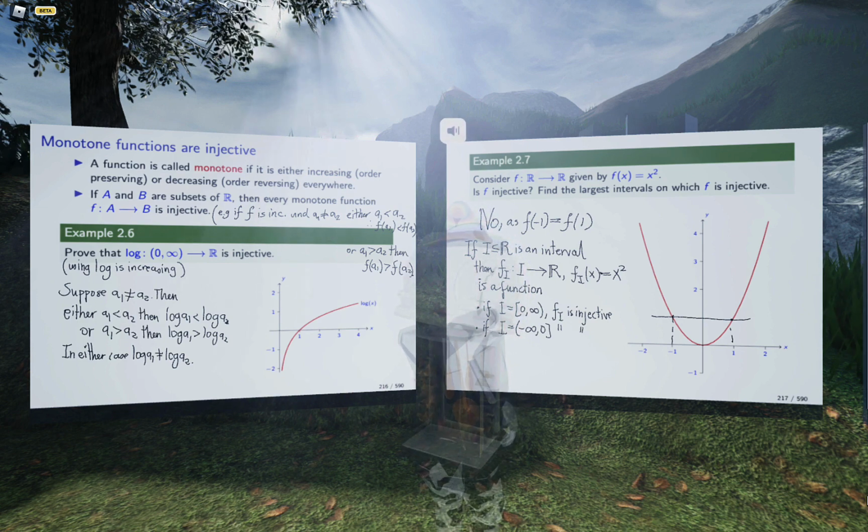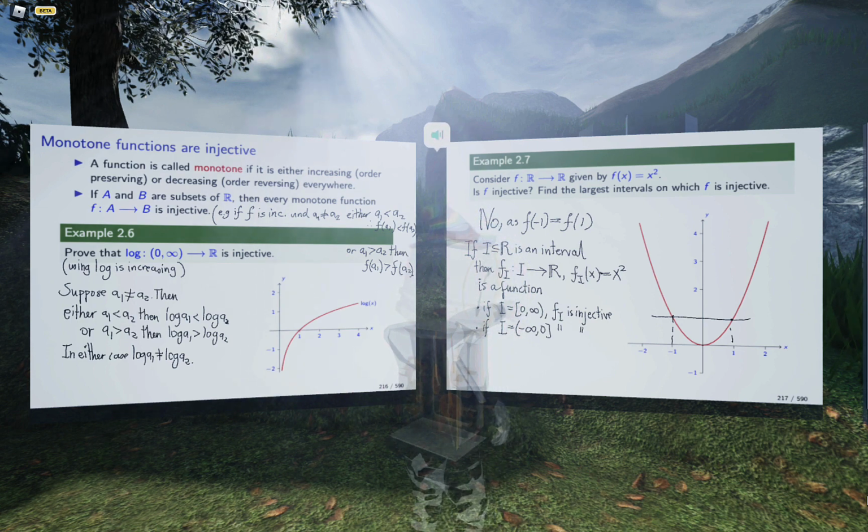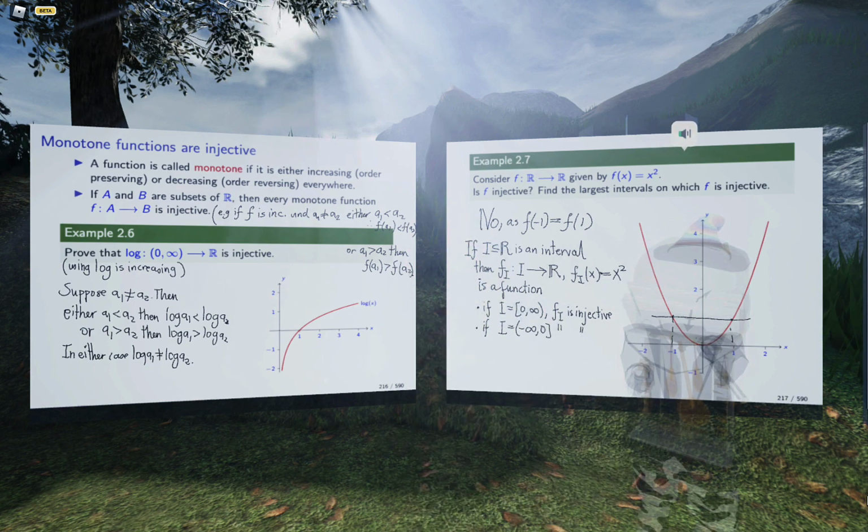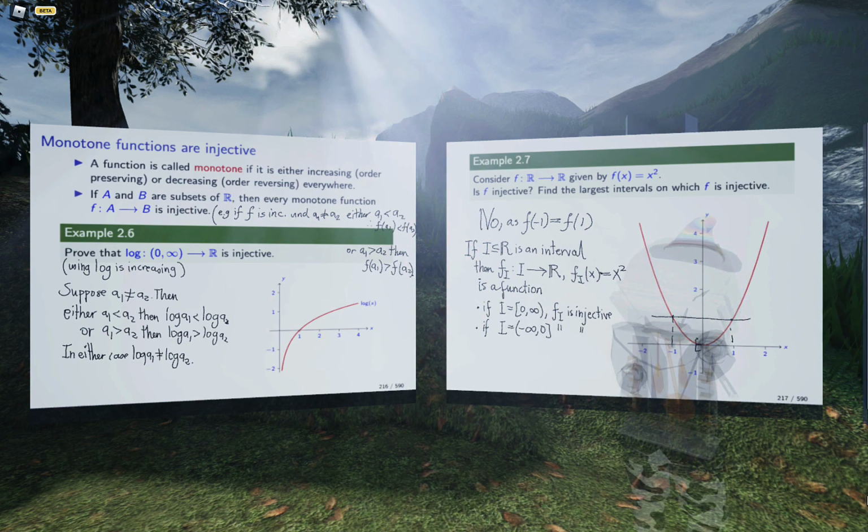Now it's interesting to note that if I were to take this interval and add even a small piece that went over here, right?